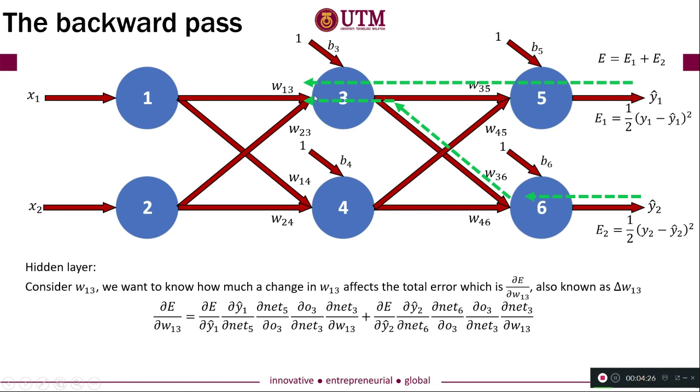One is going to this W35 line, and the other, W13 also contributes to the W36 line. The 36 line and 35 line are both affected by any change at W13, which is why the error E depends on E1 and E2, where E1 depends on Y hat 1 and E2 depends on Y hat 2.